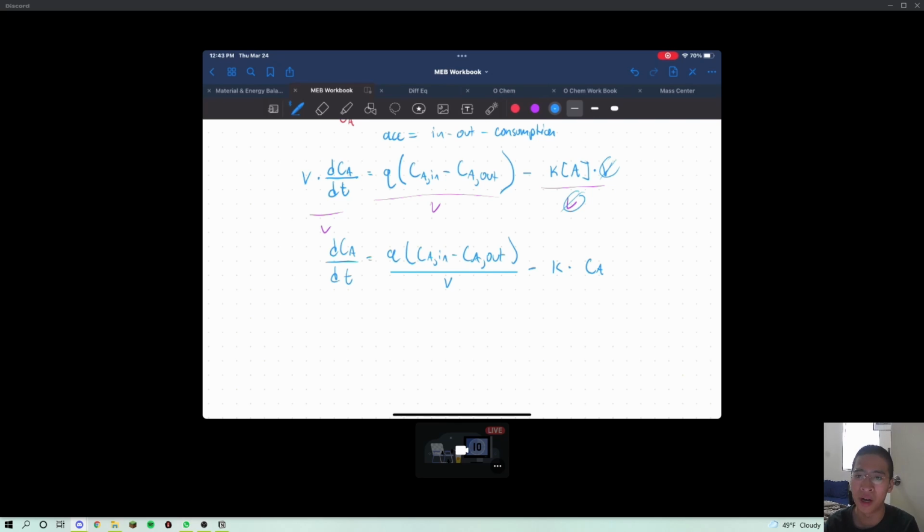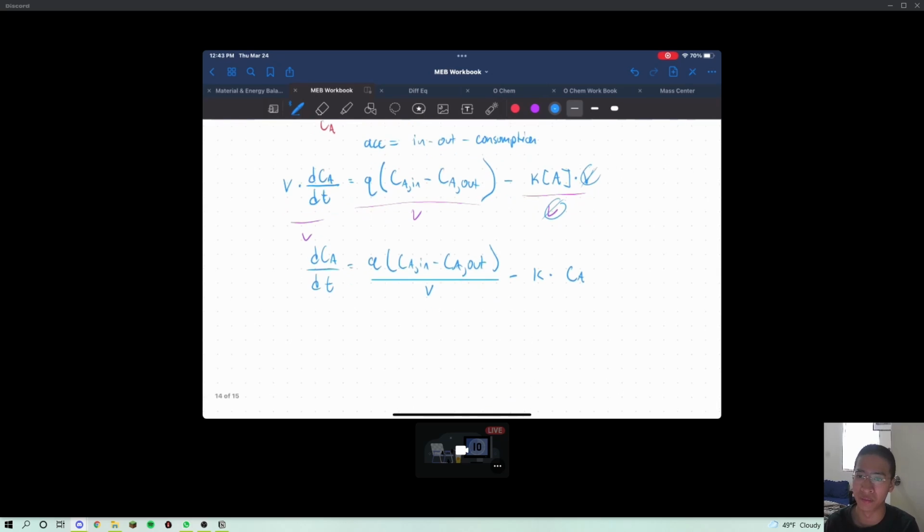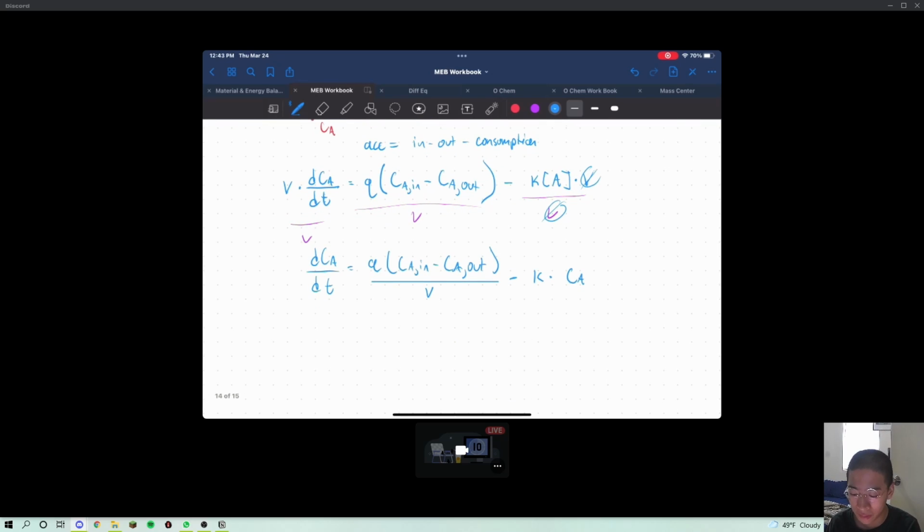But when I'm talking to you, I'll call it the concentration of A, because you can name the variable anything you want. We don't divide by anything because V, the volume, cancels out. So what do we have? We now have our first differential equation, which models the mass balance of the reactor.